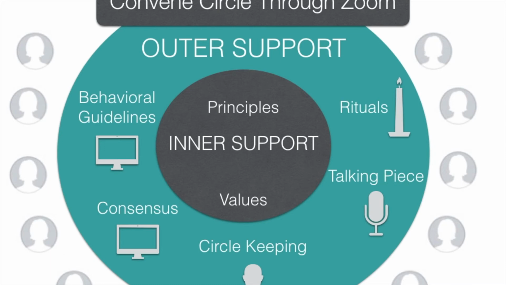And the talking piece will just be a verbal cue. Since they'll be sitting in circle and they'll be able to see who's sitting next to them, quote unquote, they'll be able to say, I now pass my talking stick to Betty. And Betty will speak and then say, I now pass my talking stick to the person sitting next to her.